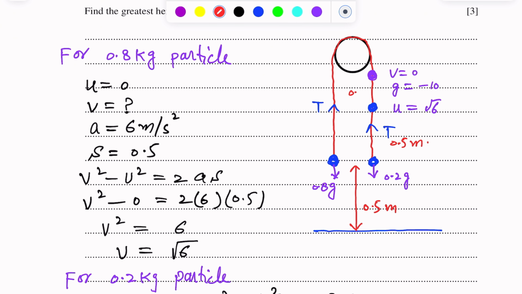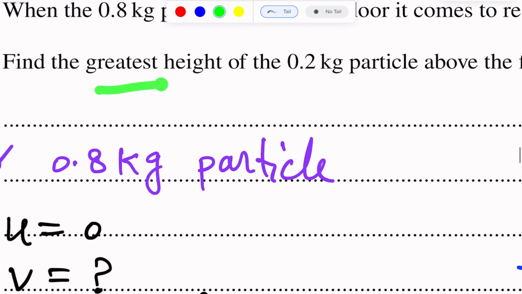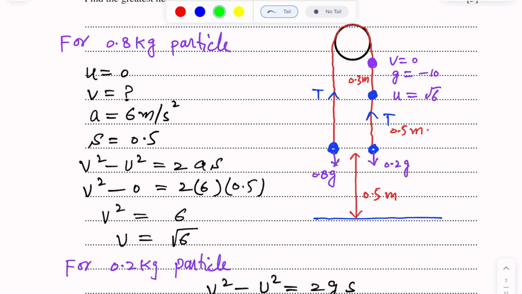This distance is 0.3 meter, but we have to find the greatest height of the 0.2 kg particle above the floor. So it is very clear that the greatest height is for the 0.2 kg particle. So we will add these heights: 0.5 plus 0.5 plus 0.3.